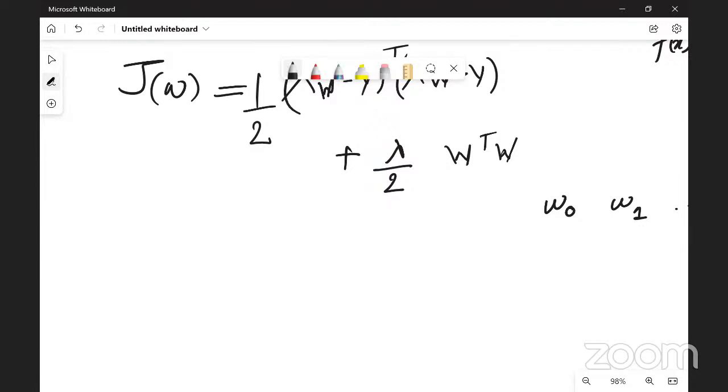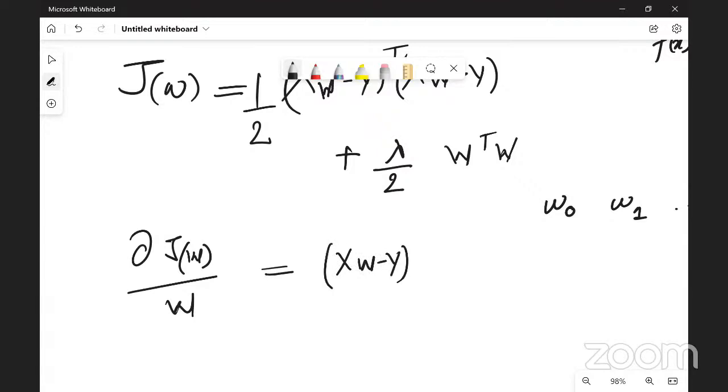It will just be lambda W then. Exactly. So if I differentiate J(W) with respect to W, I'm going to get an equation like this. This is your lambda.